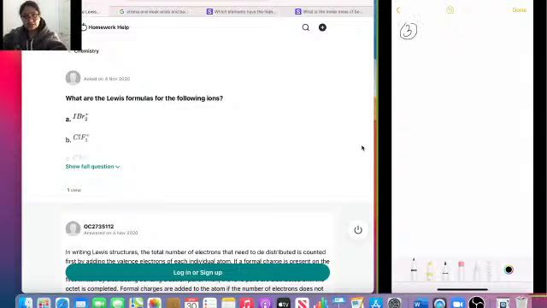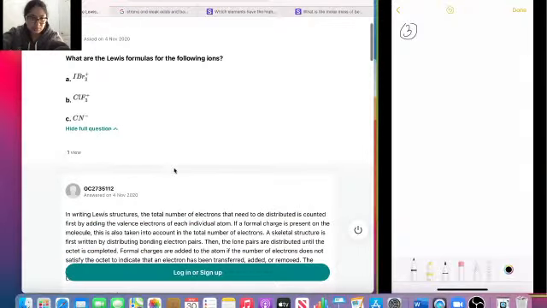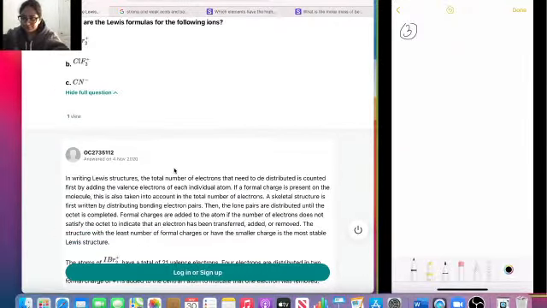Our next question says, what are the Lewis formulas for the following ions? Okay, so what they're actually saying is to draw out the Lewis structures.